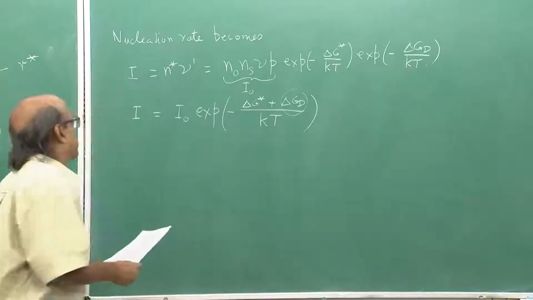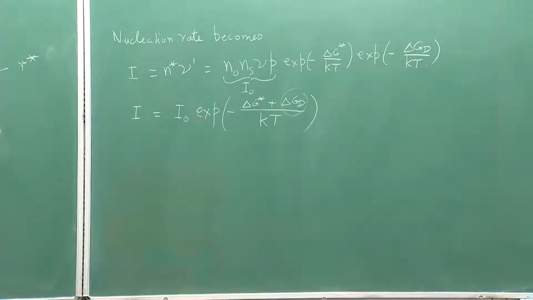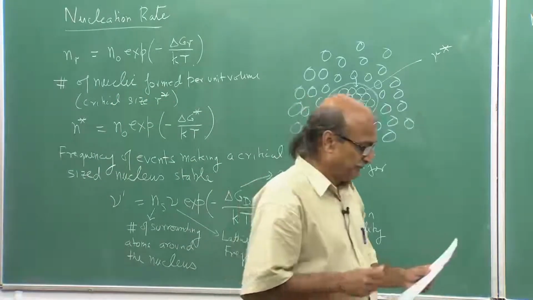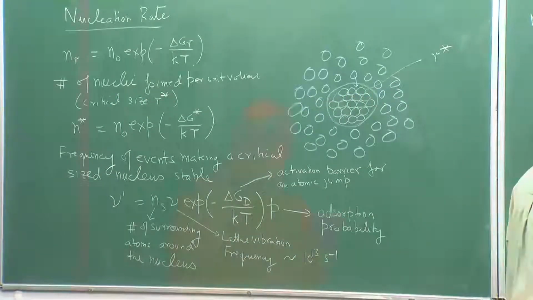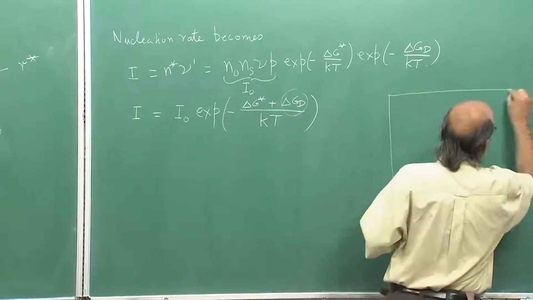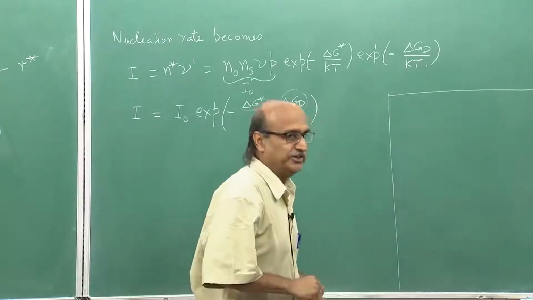Now, if we have to estimate this, this comes from the theory of diffusion, and I can write some relationships in trying to estimate what is delta GD.